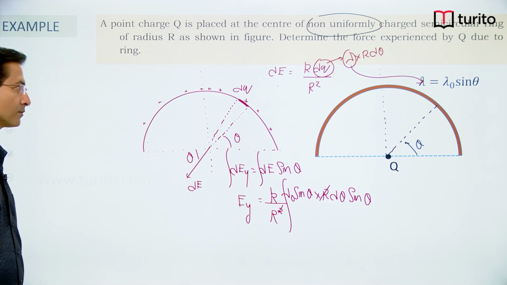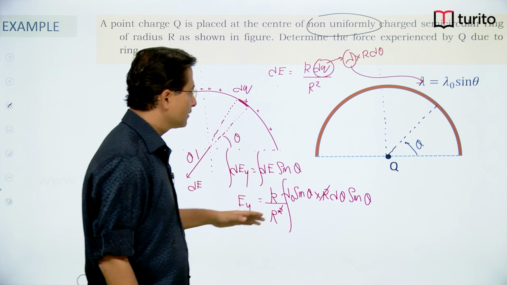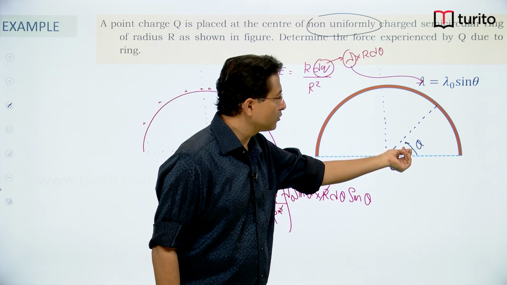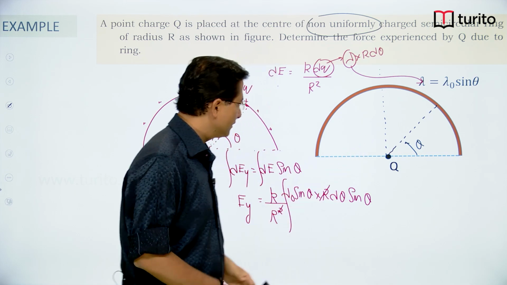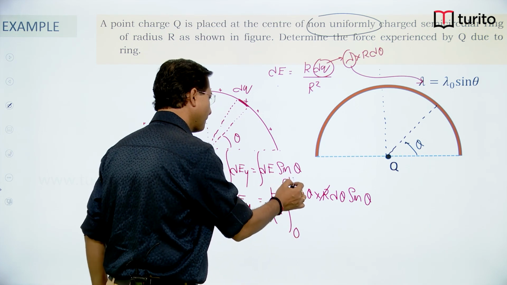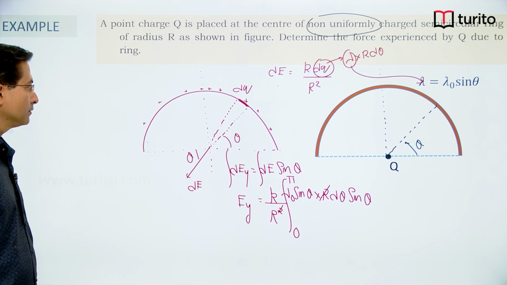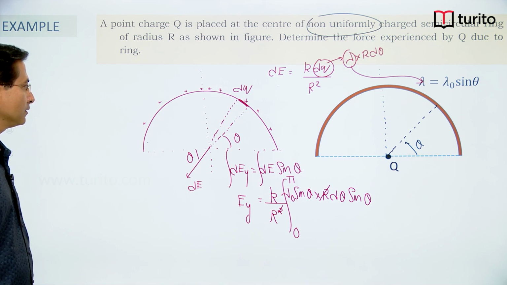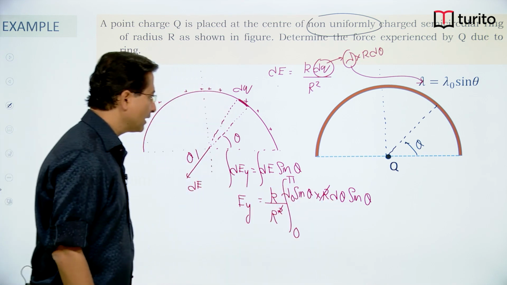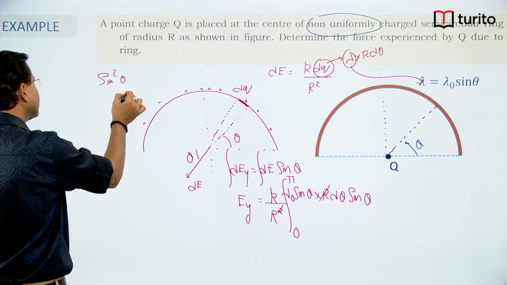Limit: to get the whole ring, you have to integrate from 0 to pi. Now in the integration it is coming sin square theta d theta.